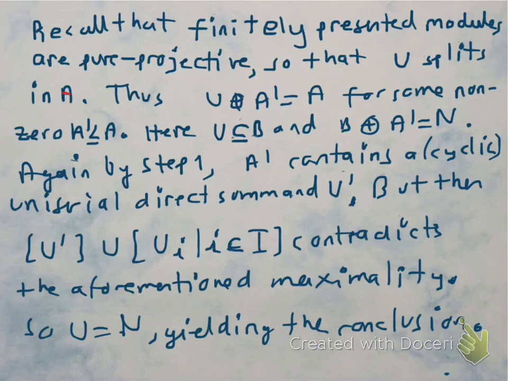So let's say it's a direct summand of A via some complement A prime, which has to be isomorphic to A over U, which is cyclic and uniserial.